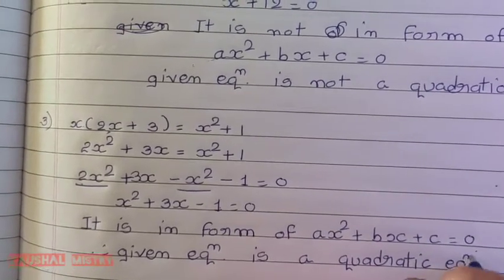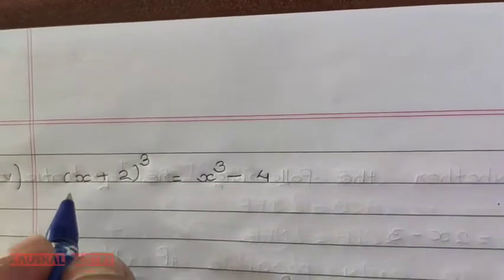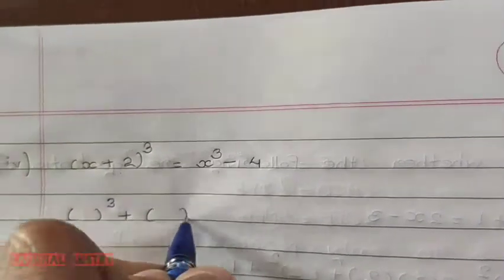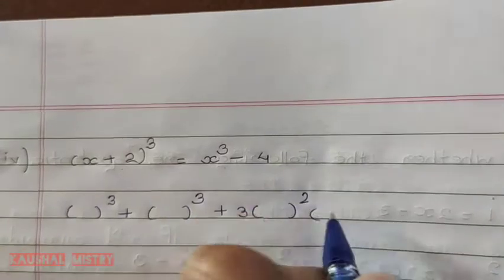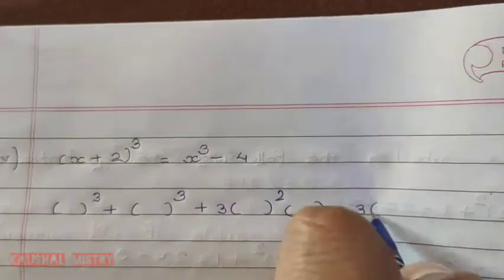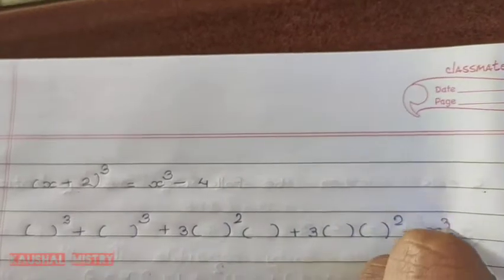Now x plus 2 whole cube, and we know the a plus b whole cube formula, that is a cube plus b cube plus 3a square b plus 3ab square, right? That is equal to x cube minus 4.